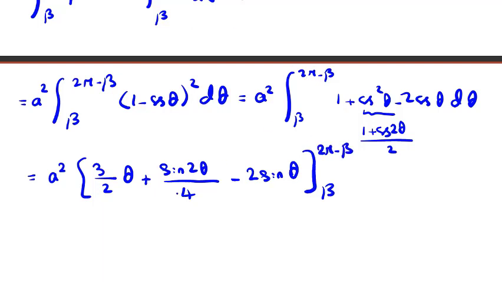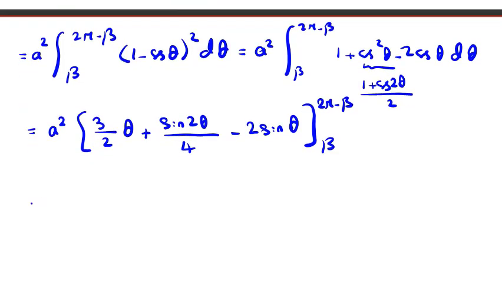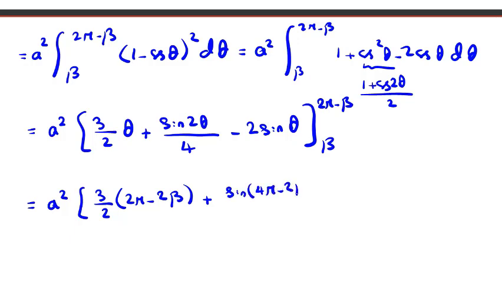Okay, now let's calculate this. It will be a squared, 3/2 times (2 pi minus 2 beta), plus sine 2 times this, sine (4 pi minus 2 beta) minus sine 2 beta over 4, minus 2 sine beta.